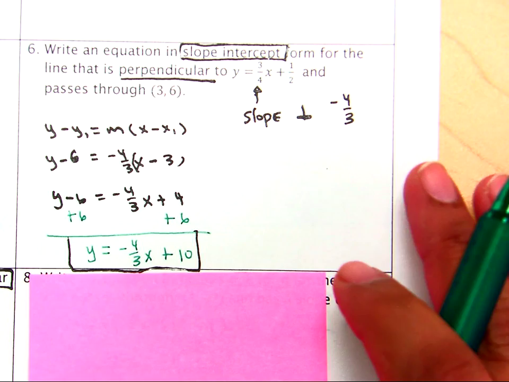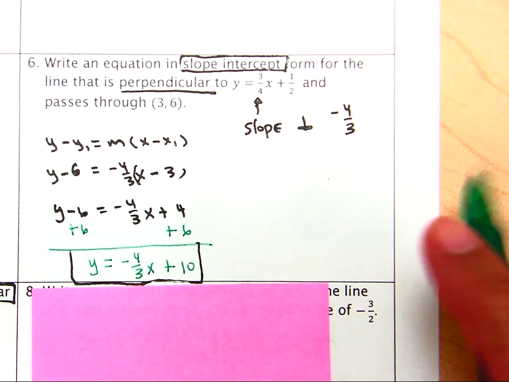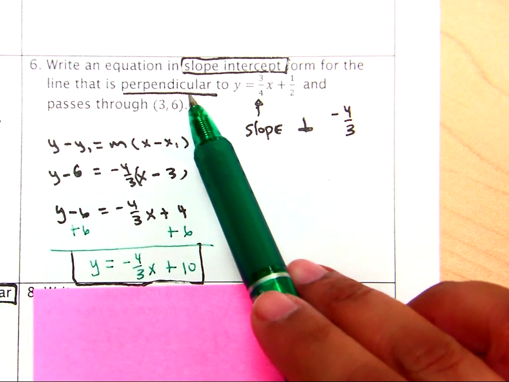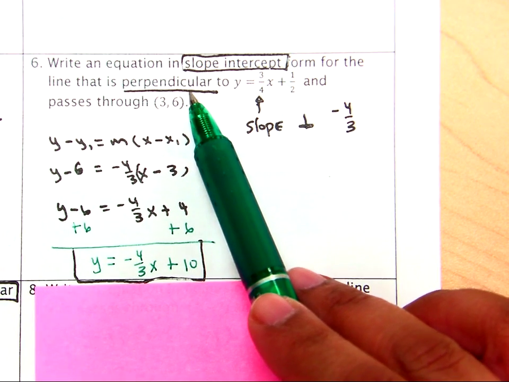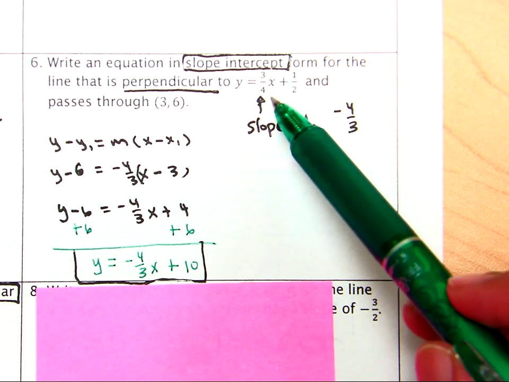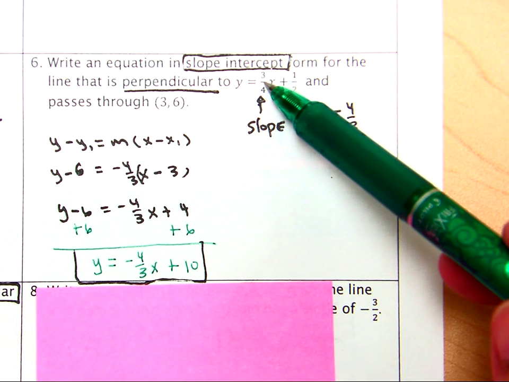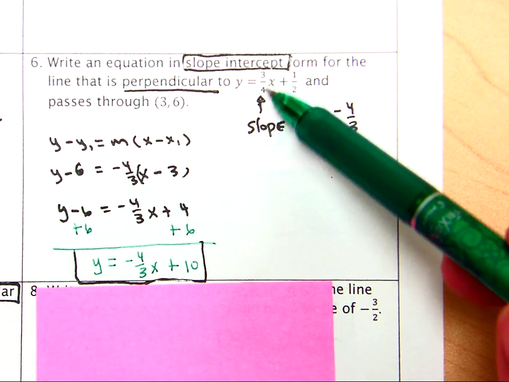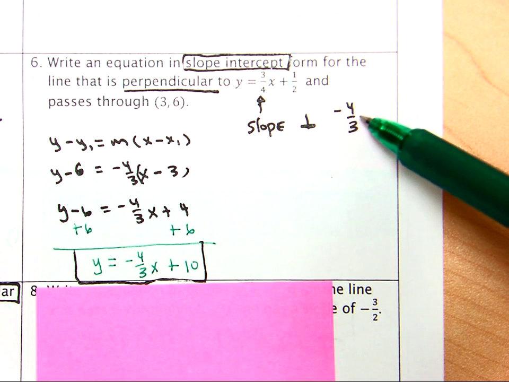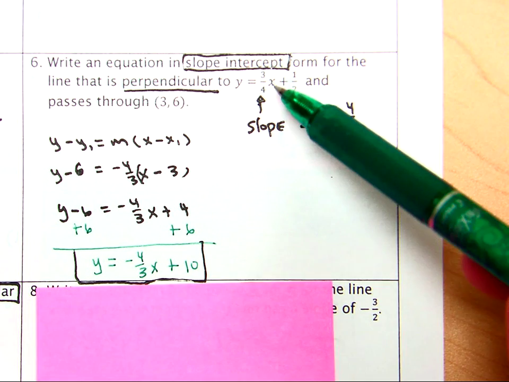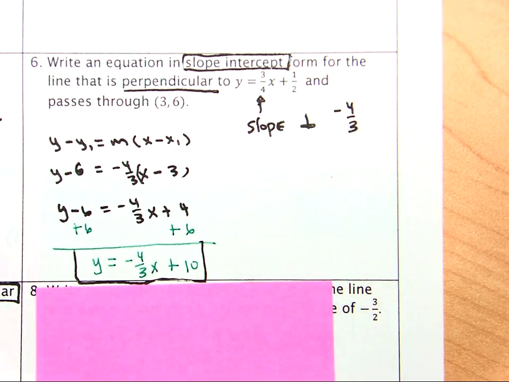Remember number 6, I told you you're going to have to make sure you know what perpendicular is tomorrow on this test. Remember, perpendicular, you're looking at the slope, and the slope has to flip and change signs.